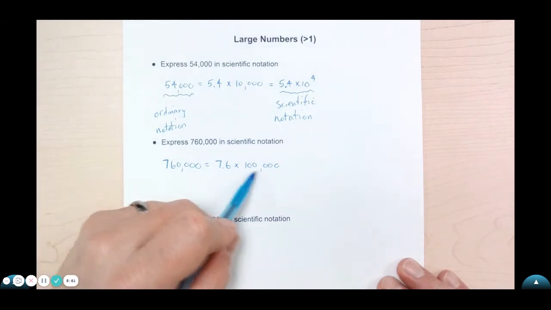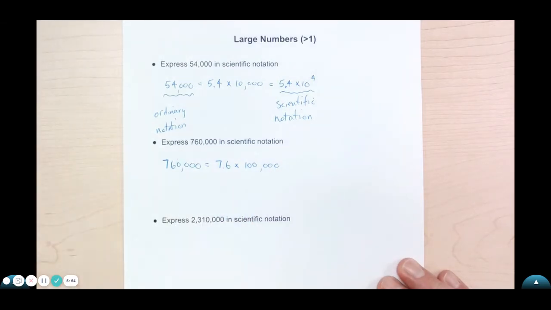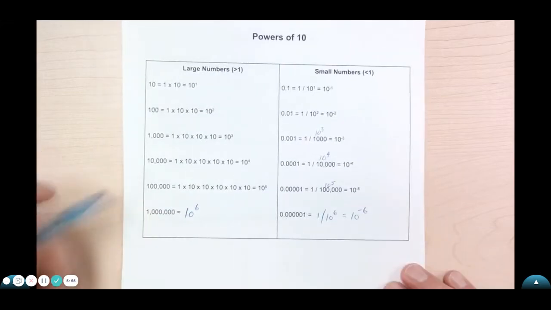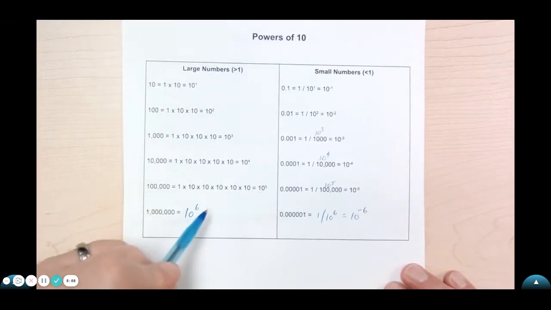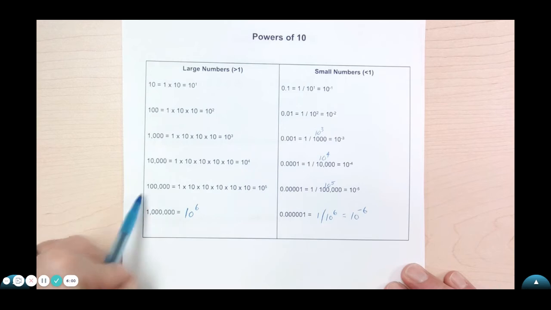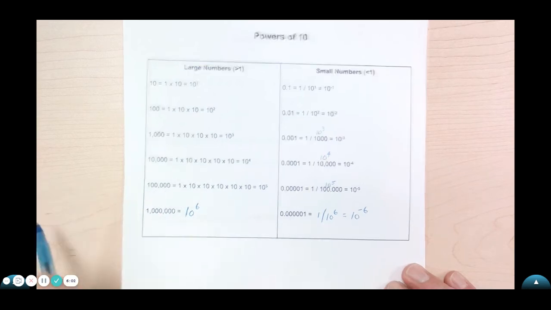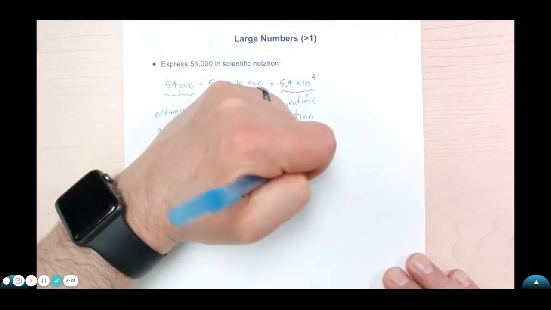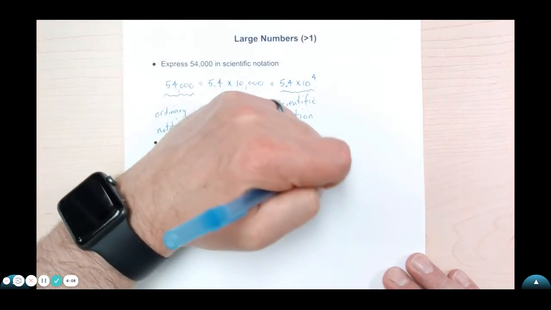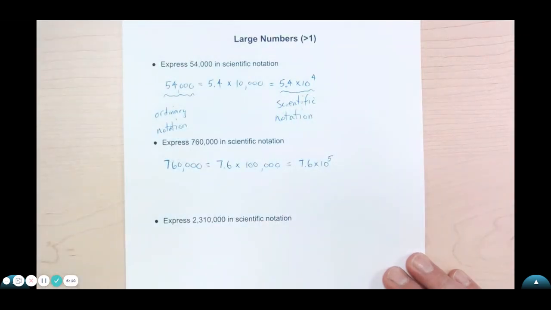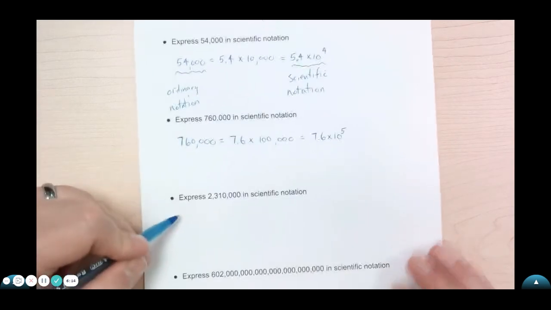We have a way to write 100,000 though. 100,000, that's 10 multiplied by itself 5 times, a 1 followed by 5 zeros. So that's 10 to the 5th power. So the scientific notation way to write this would be 7.6 times 10 to the 5th power. That's scientific notation.